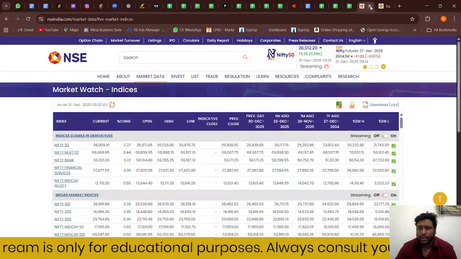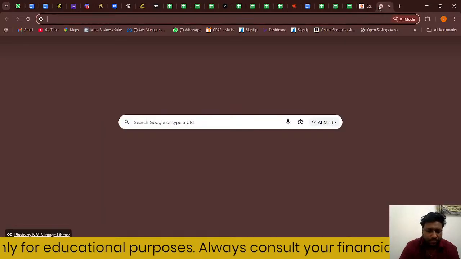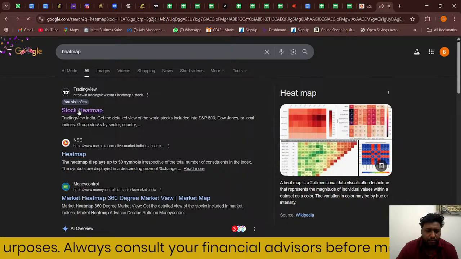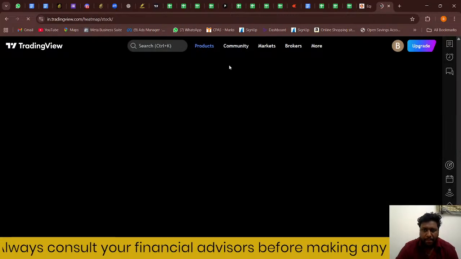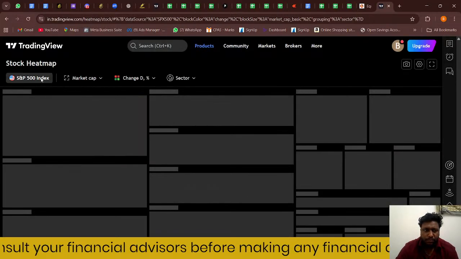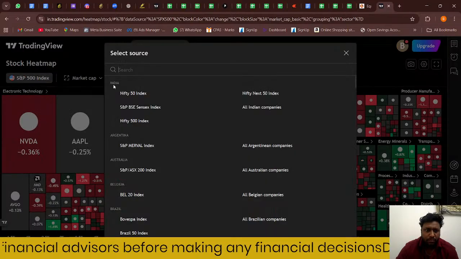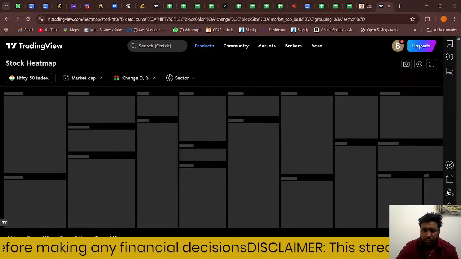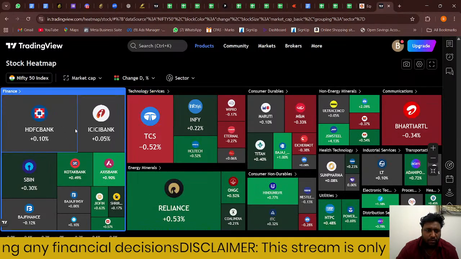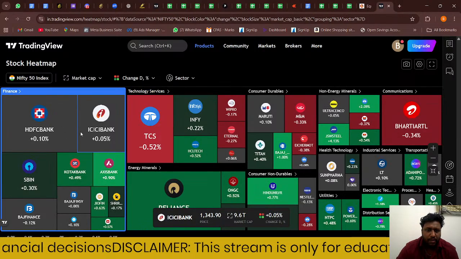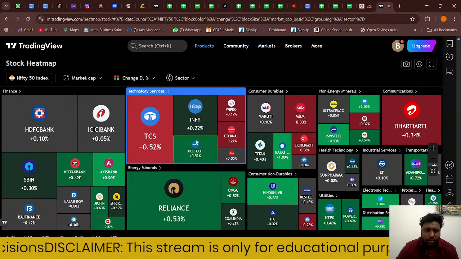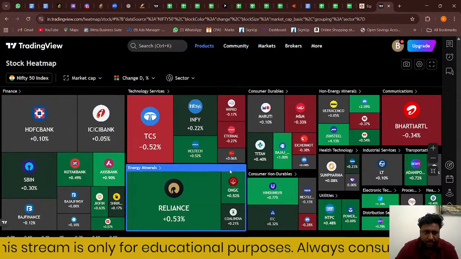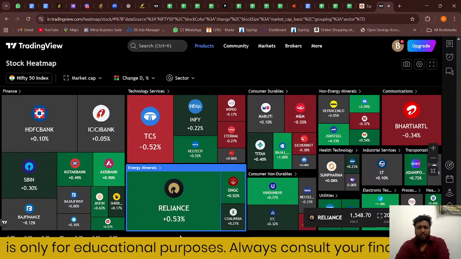We will have a look at our heat map also. The banking segment is still neutral. On TCS and Infosys, tech services are still similar, and in energy, Reliance is also positive.